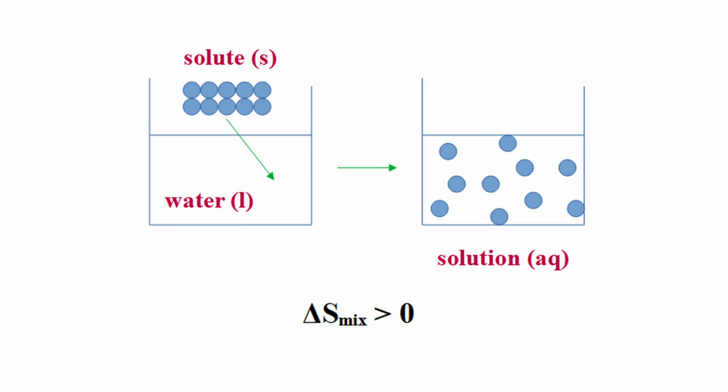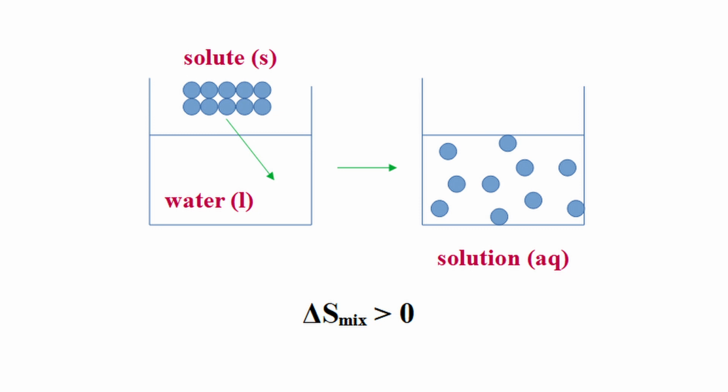And the particles of the solid are restricted to just vibrational motion, whereas they are more free to translate throughout the solution. Thus, the degree of freedom of motion increases in going from the solid state to the state of aqueous solution, leading to delta S mixing greater than 0.